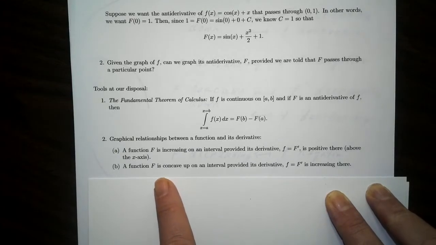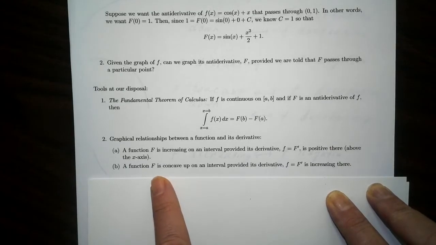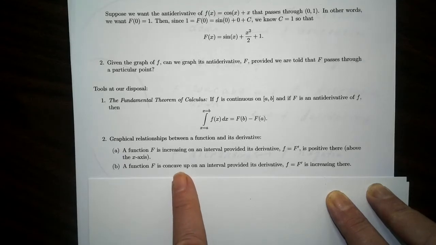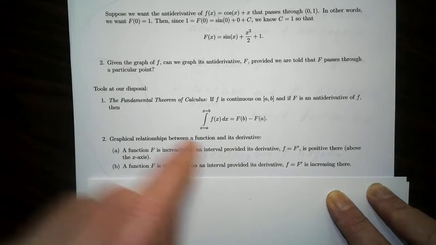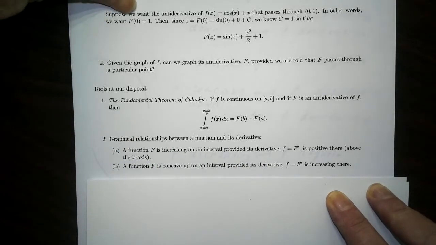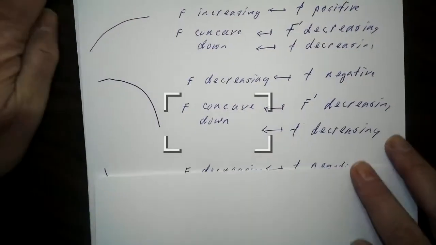Now typically we think of concavity as being associated with the second derivative, and that is true. If capital F is concave up, its second derivative is positive, but in terms of the first derivative, that means the first derivative is increasing. So let's take a look at some examples just to refresh ourselves.